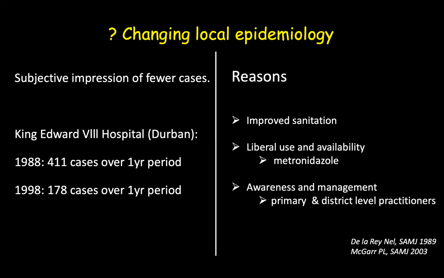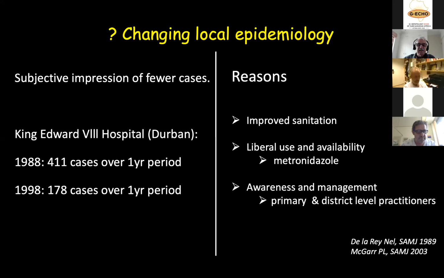And again, there's probably lots of reasons for that. And in fact, amoebic colitis is also rarely seen as a serious illness that requires hospitalization now, probably because of improved sanitation, but also because of the liberal use of metronidazole, which is still effective treatment.